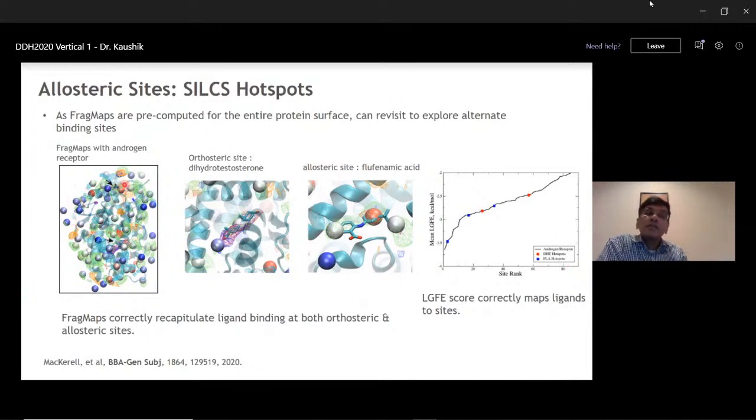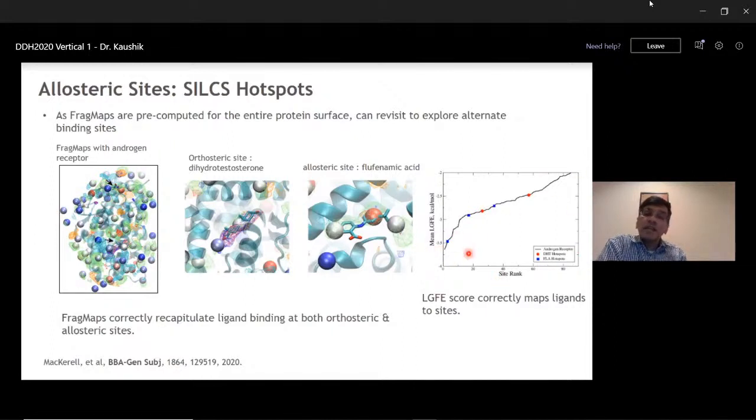And see if the true binding site for that ligand is correctly rewarded by a good LGFE scoring. And that's what we notice here, that for instance, the flufenamic acid binding site here, which is the true binding site, does turn out to have the best LGFE score.